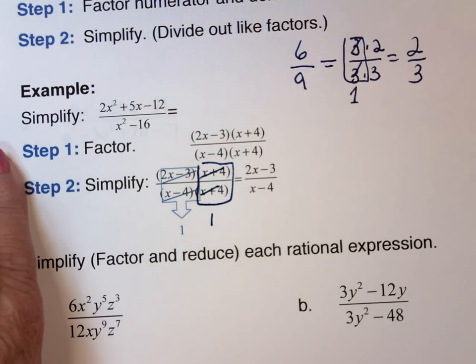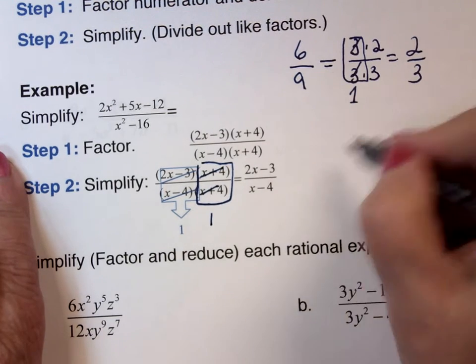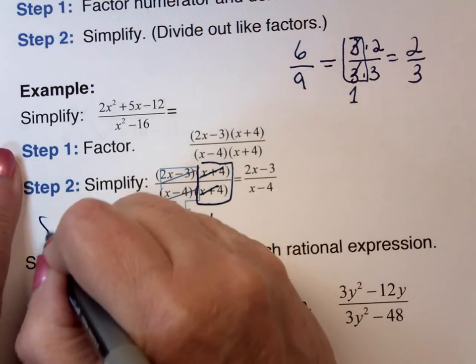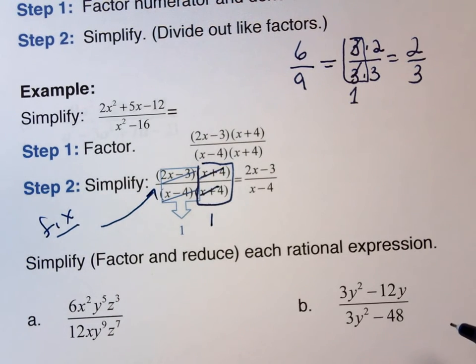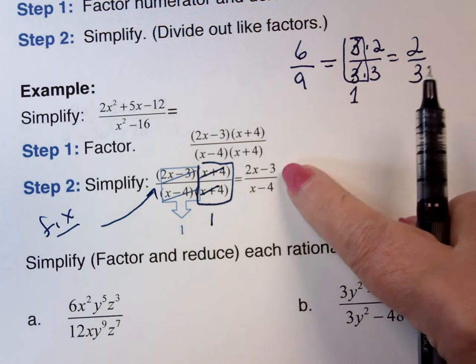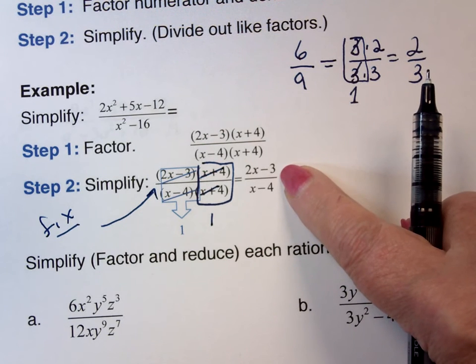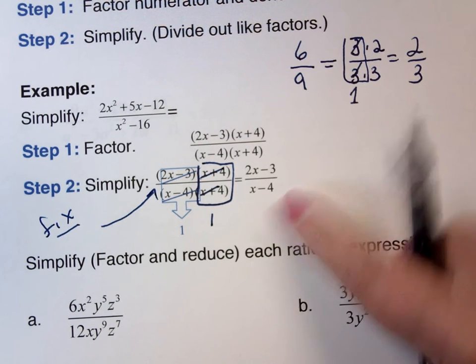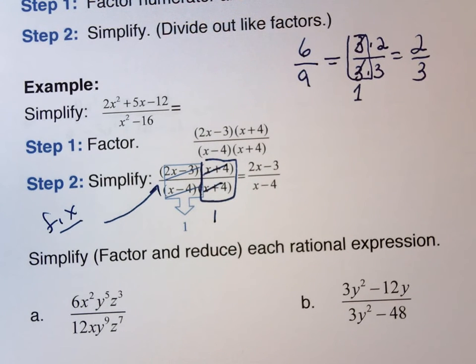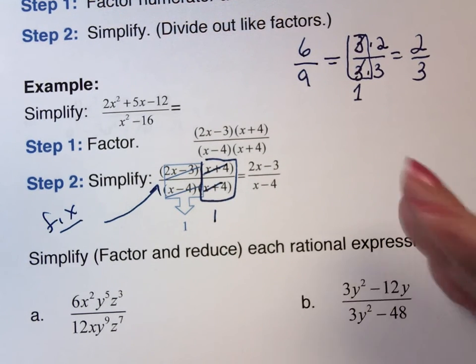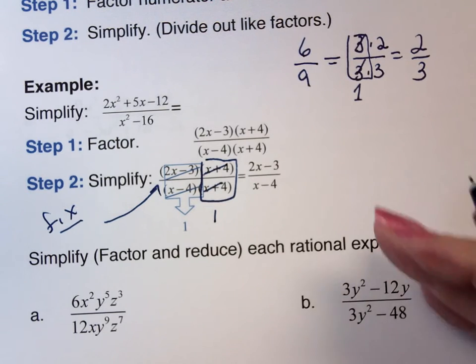So that shifted when I copied it over, so I need to fix this in the packet. And so you're left with 2x minus 3 over x minus 4. Either the whole thing goes or nothing goes. Either the whole set of parentheses go or nothing goes.